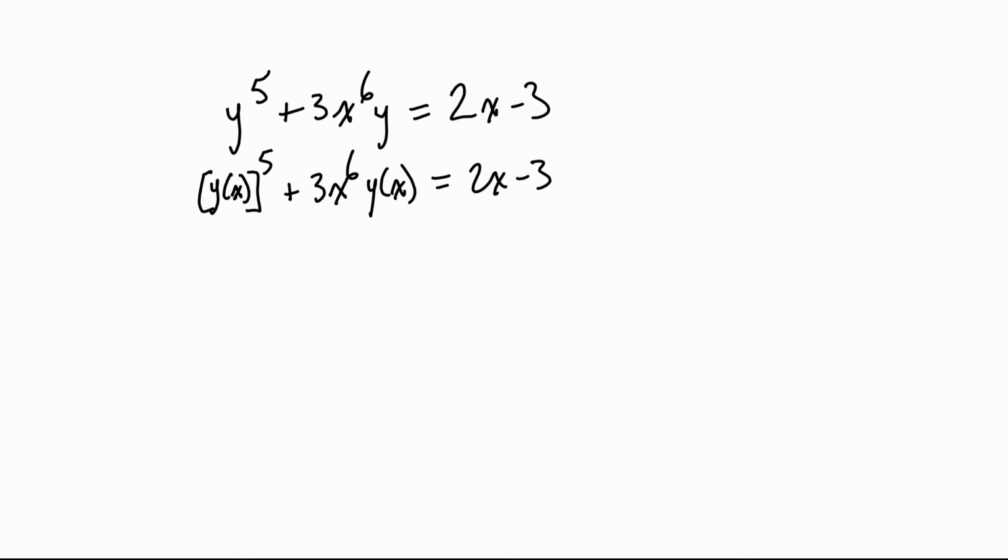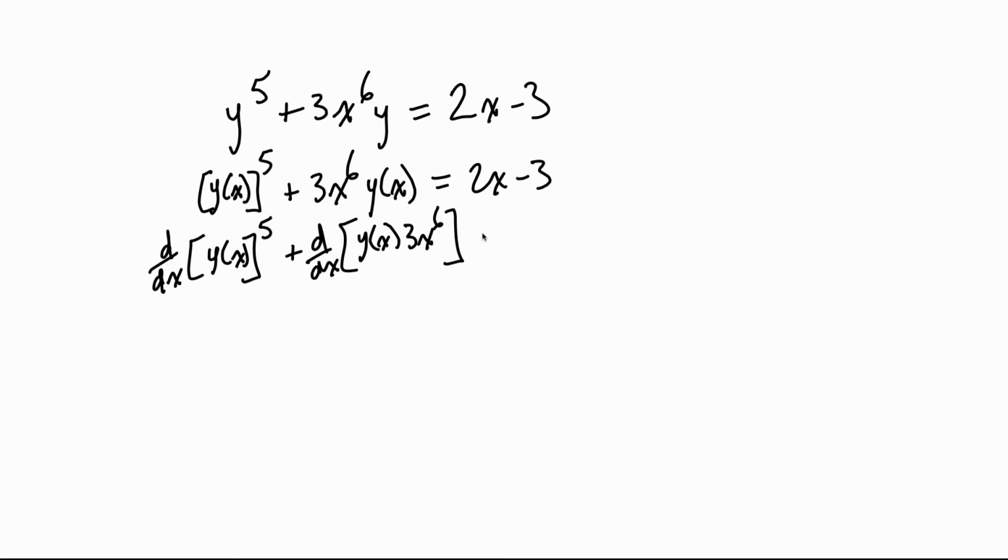It makes the chain rule aspect of this make more sense to me anyway. So now if I want my derivatives with respect to x, I'm taking d by dx of y of x to the 5th plus d by dx of y of x times 3x to the 6th, which is equal to d by dx of 2x minus 3.